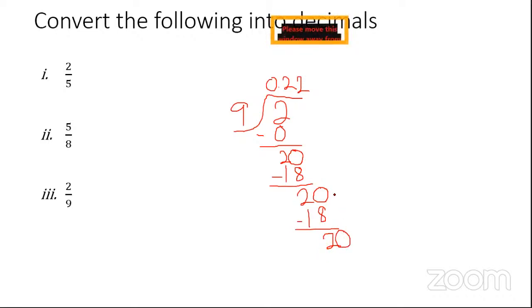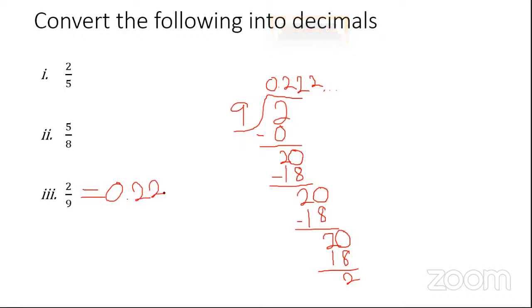And 20 divided by 9 is equal to 2 remainder 2. So, therefore, the answer is a recurring decimal, since we are continuously getting 2. The answer is 0.222 recurring.